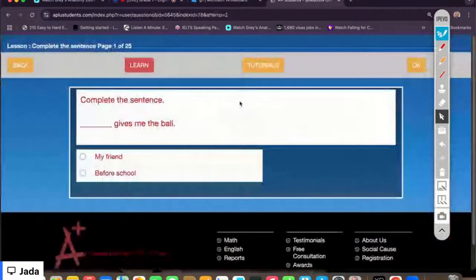For example, this first question: we don't have a naming part because we have the action part. Complete the sentence: "gives me the ball."